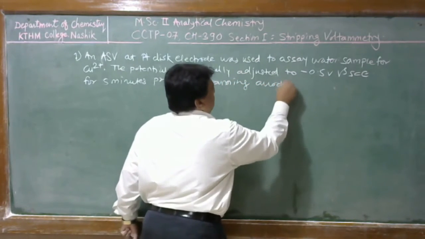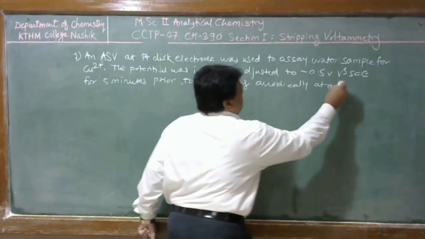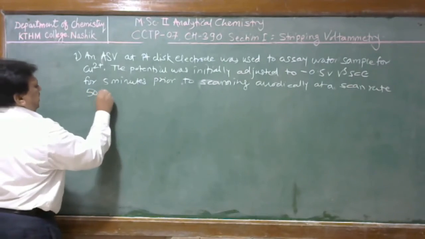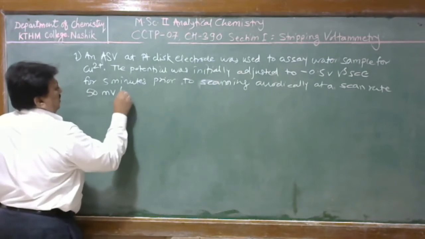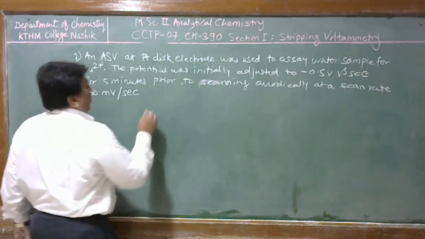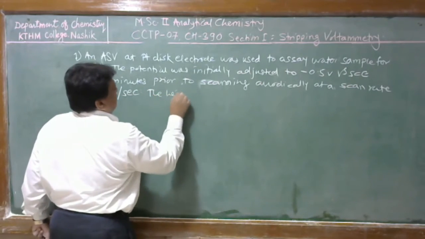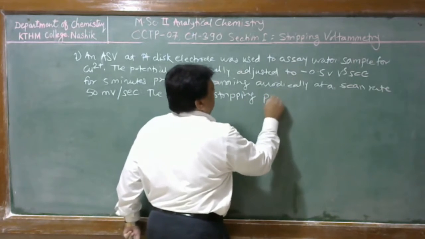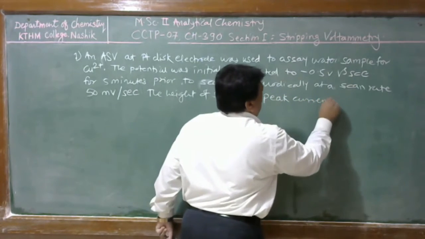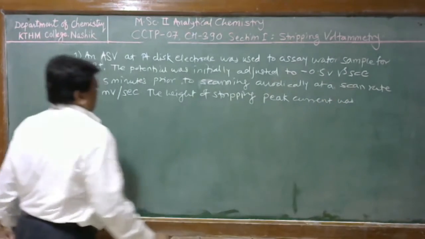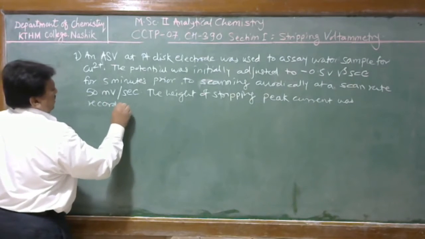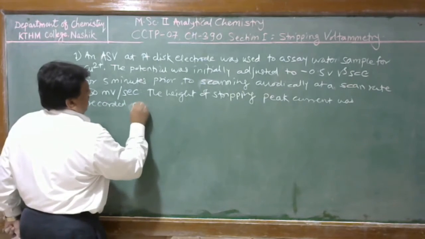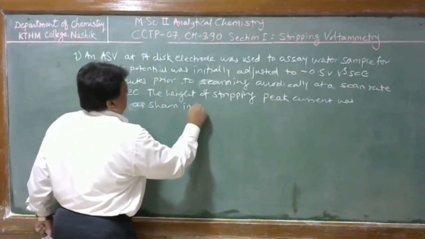Analytically, at a scan rate of 50 millivolt per second, the height of the stripping peak, the stripping peak current, was recorded as shown in the table.